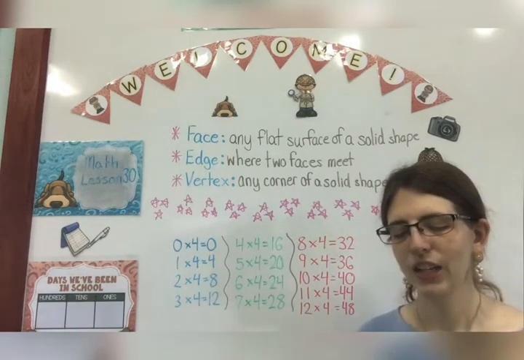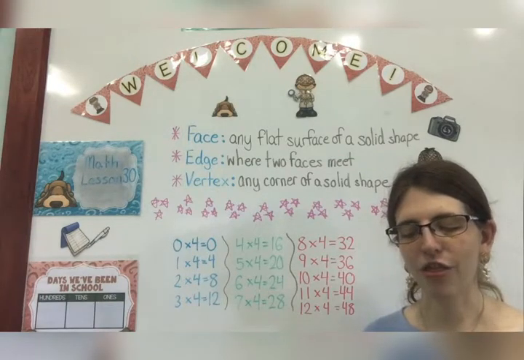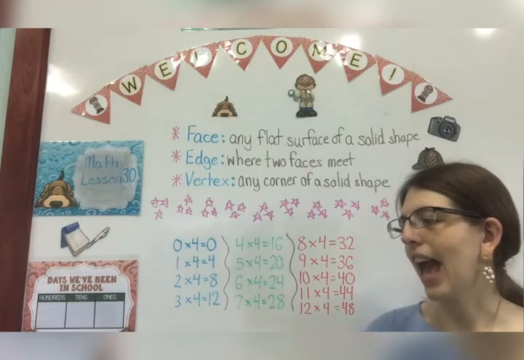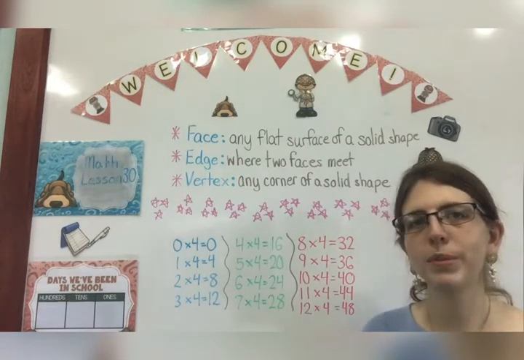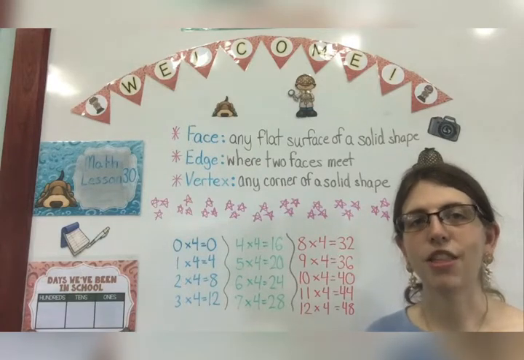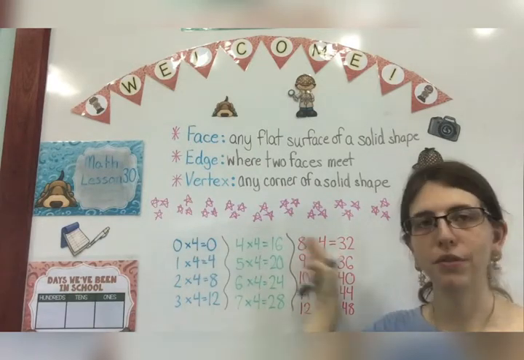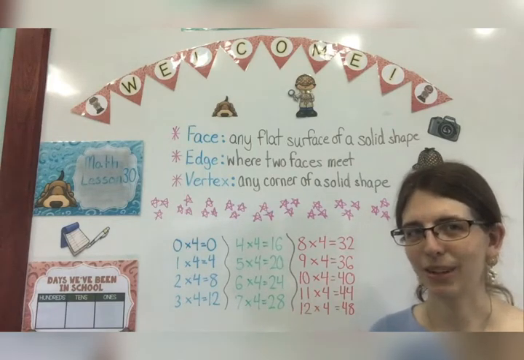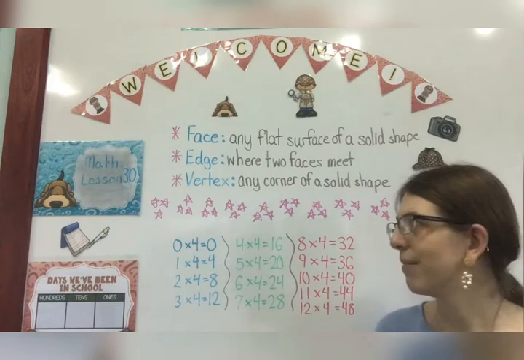Okay, so letter A says 30 divided by 3. So we're going to count by 3s, our groups of 3, until we get to 30. That tells us 30 divided in groups of 3. We count how many groups, and that's your answer. Let's do it together. Ready?